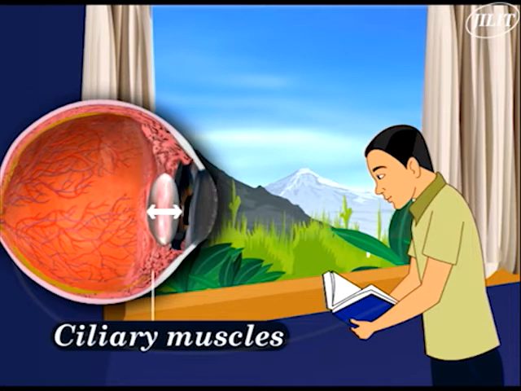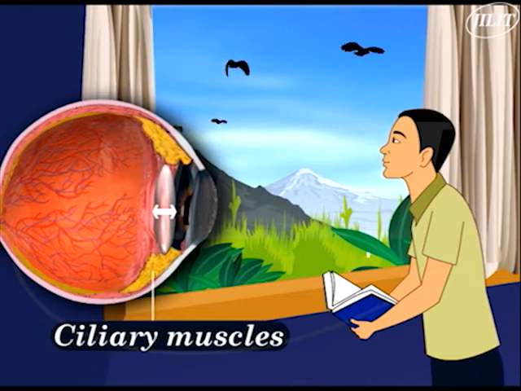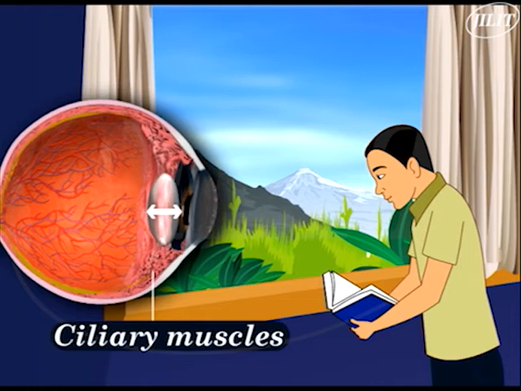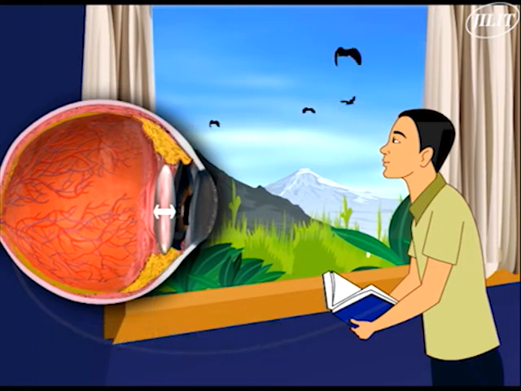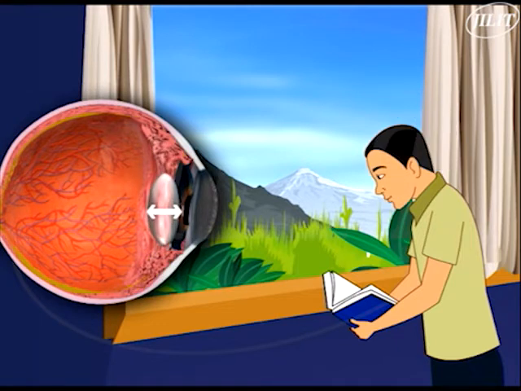When the eye is focusing on distant objects, the ciliary muscles get relaxed, and the lens of the eye becomes less convex. It happens the other way around when we see a closer object. The muscles contract to thicken the lens. So, the efforts of ciliary muscles to change the thickness of the lens result in focusing the near and far objects clearly on the retina.